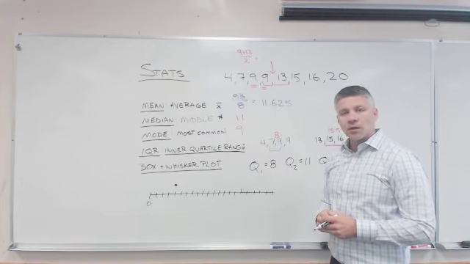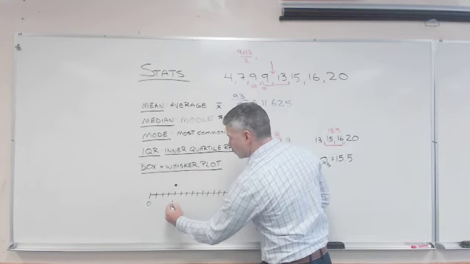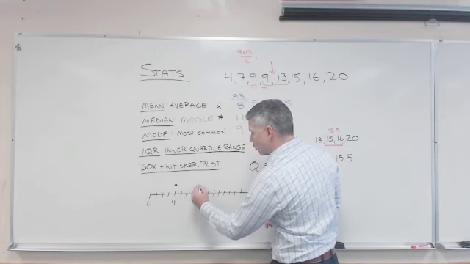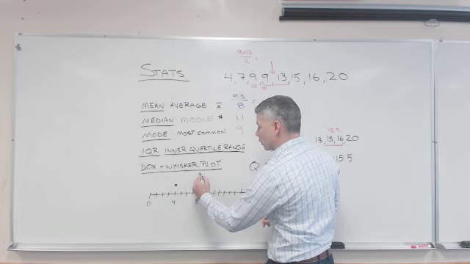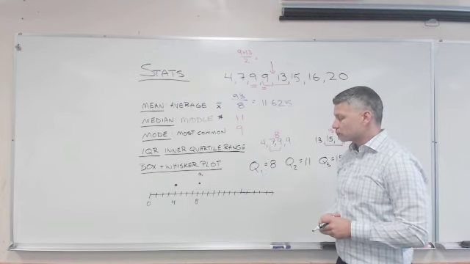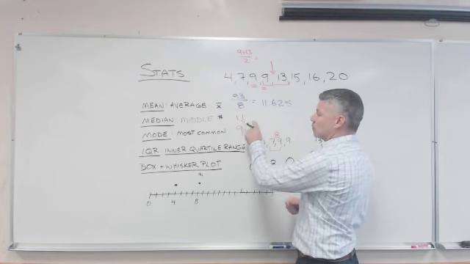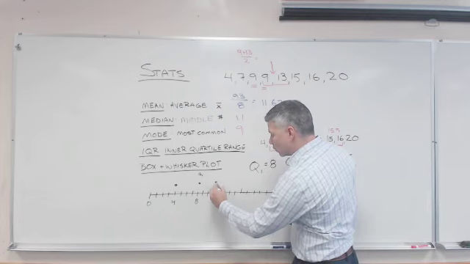The next number I need is Q1, which we said is 8. Our minimum was 4, then 5, 6, 7, 8, and that's where we will put a dot for Q1. I'll go ahead and label it. The next number is the median, which we said was 11: 9, 10, and 11 for our median.